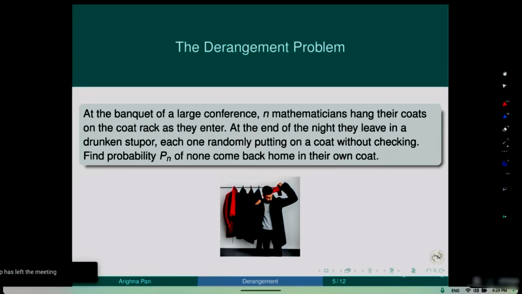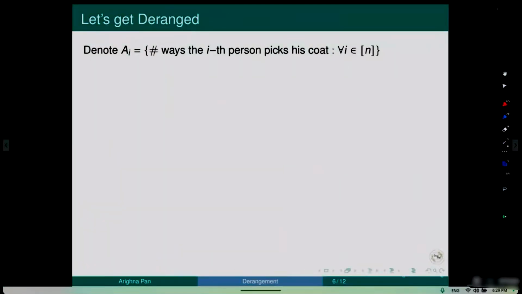And what is the complement of this event? There exists at least one mathematician who comes back home in his own coat, right? So we denote by Ai the set of all the ways that the ith person picks his coat.